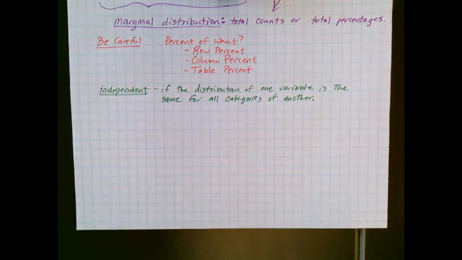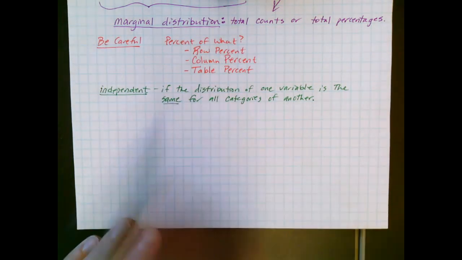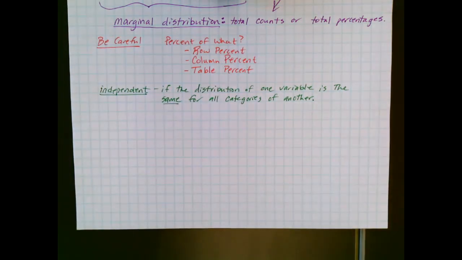Okay, so again, we'll learn how to formally do this, but for now, you can just look at a table, and if the percentages look roughly the same all the way across the categories, they're independent. Or if you're looking at some sort of chart, like a bar chart, and all the bars are the same size, it's going to be independent. Okay? If it's the same. Independent is same.